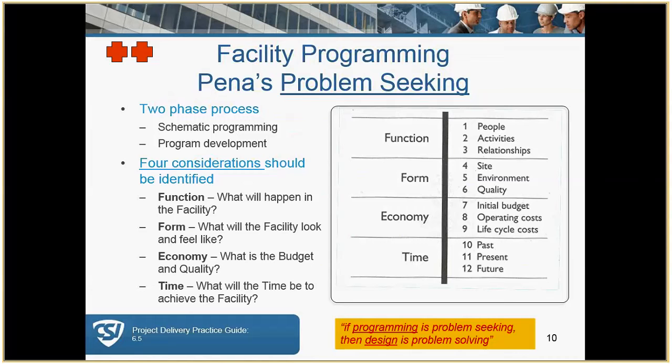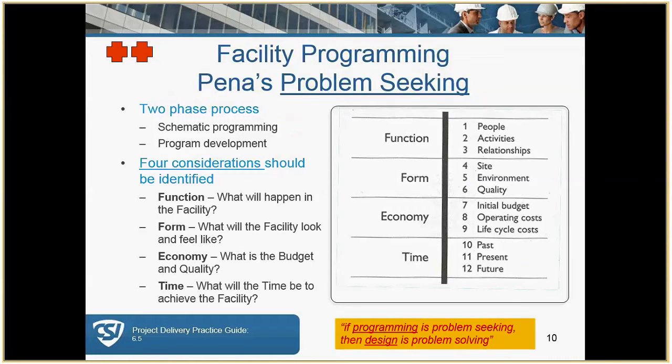Keywords under function are people, activities, and relationships. Keywords for form are site, environment, and notice it says quality. For economy, we have initial budget, operating, and life cycle costs. And under time, we have 3 classifications: past, present, and future.